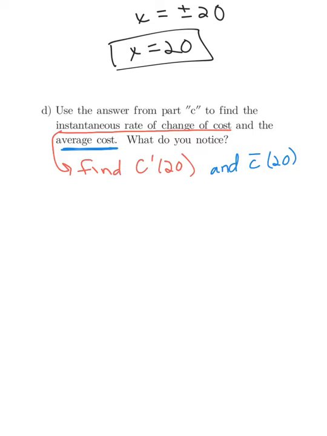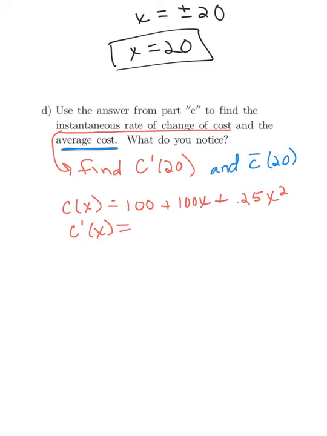Up to this point, we have not found C prime yet. So for C prime, we need to go back to the original problem. Let's find C of x first. Rewrite it because it's off screen here. C of x is 100 plus 100x plus 0.25x squared. We need the derivative of that. So C prime of x will be, the derivative of 100 is 0.